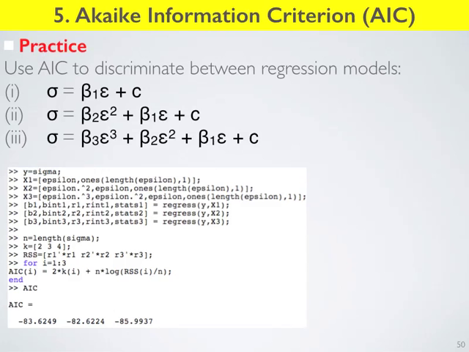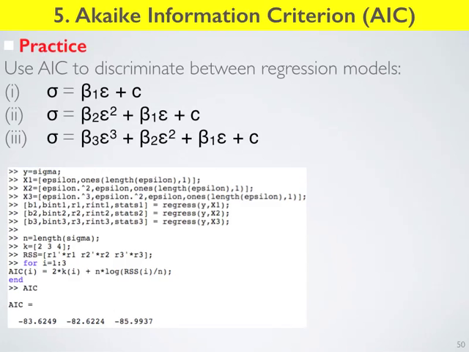Okay, so how do we do this in practice? This looks a little bit intimidating, but really it's very easy. Our y variable is sigma. Capital X1 is epsilon and 1, a matrix where the first column is the epsilons and the second column is 1s, exactly what we did before.